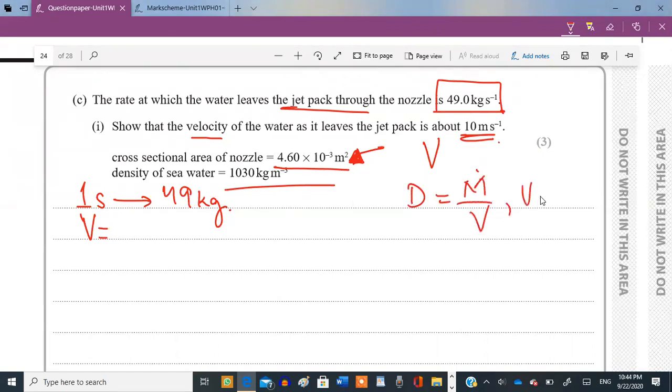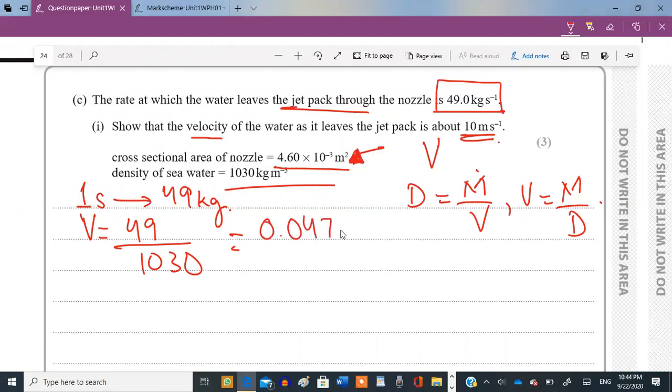So volume is equal to mass upon density. So the mass is 49 kg and the density is 1030. This will give you the volume. This is 0.0457 meter cube.